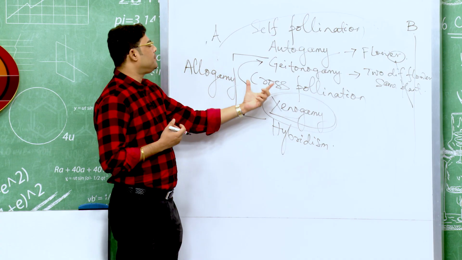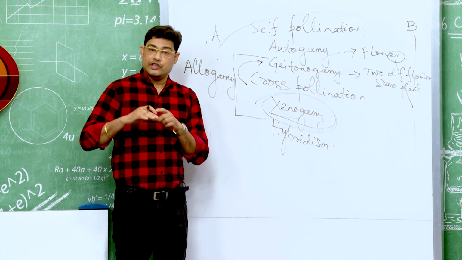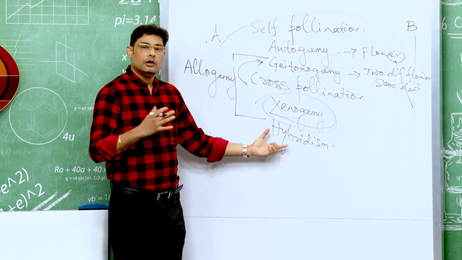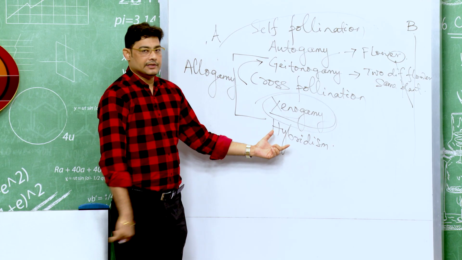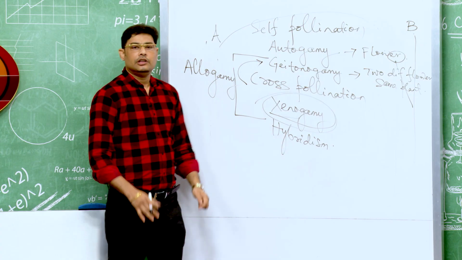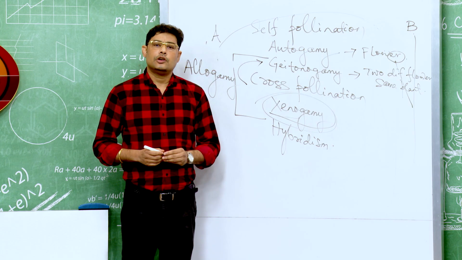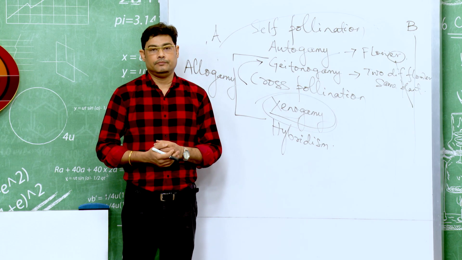Interspecific and intergeneric cross pollination we can do, but these are closely allied species. So this is about the types of pollination. Next we will move to the different contrivances of pollination.